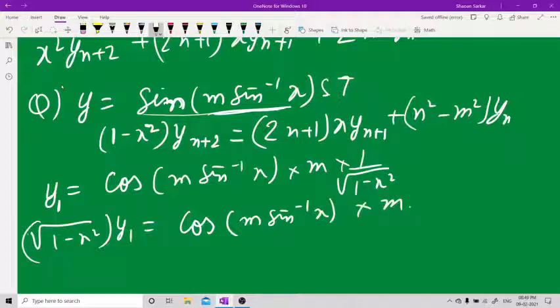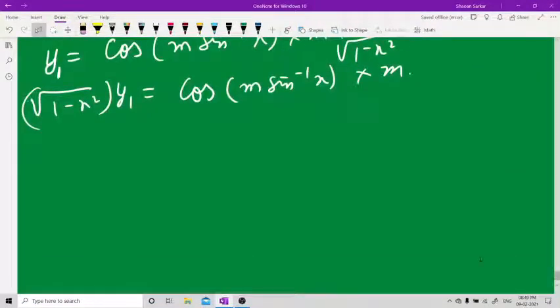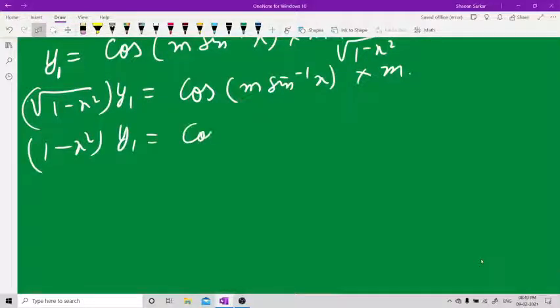Now square both sides, take the square of both the sides. Now what you will get is 1 minus x square y1 square equal to cos square (m sin inverse x) into m square.